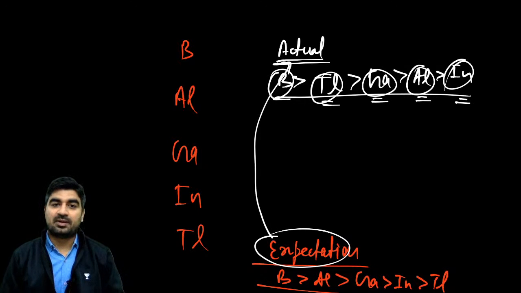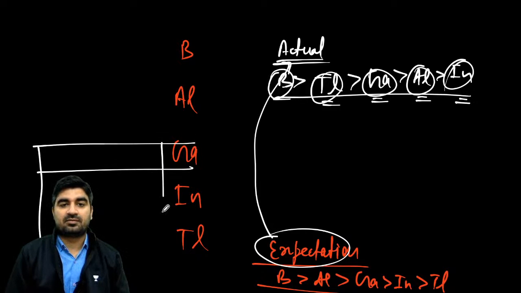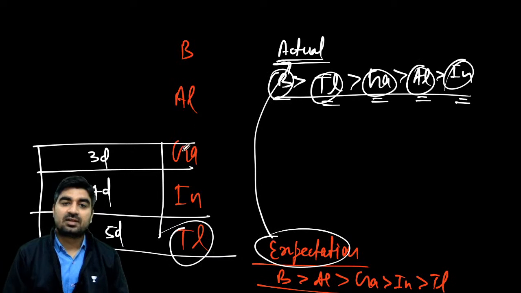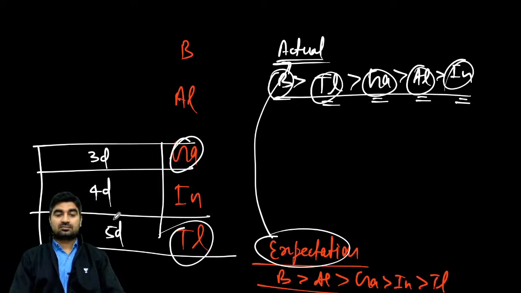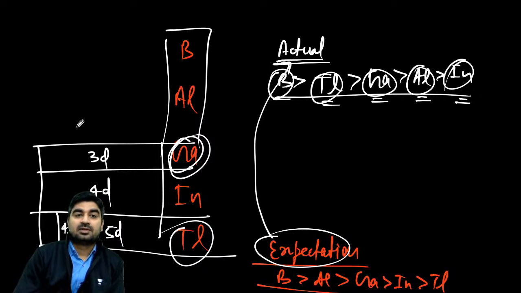So now I will explain that before gallium we have 3d, 4d, 5d, and before 5d here we have 4f as well. This is thallium, this is gallium. So what I want to say here is, before gallium 10 electrons were added into the d, and these 10 electrons will have poor shielding effect.